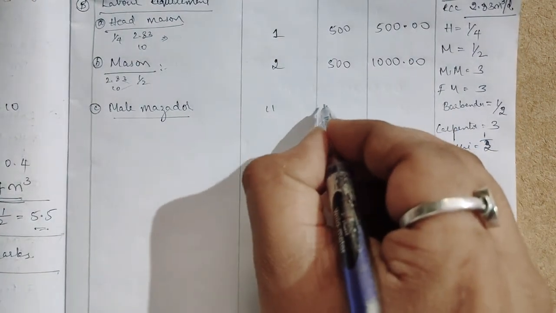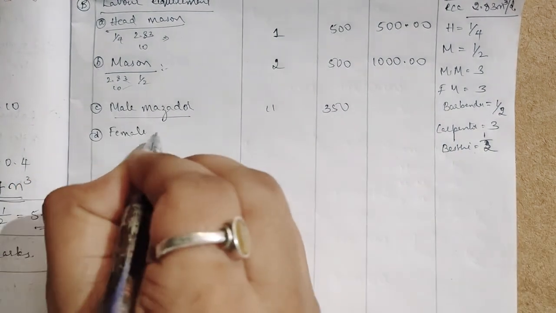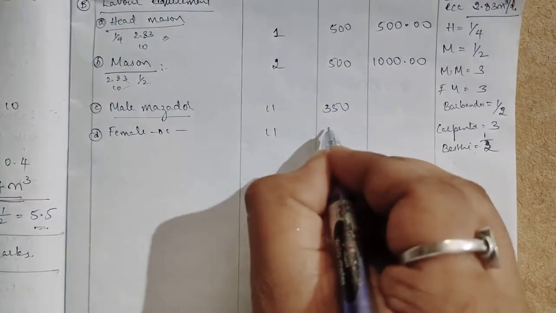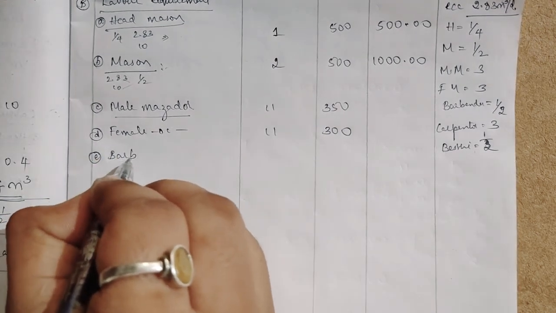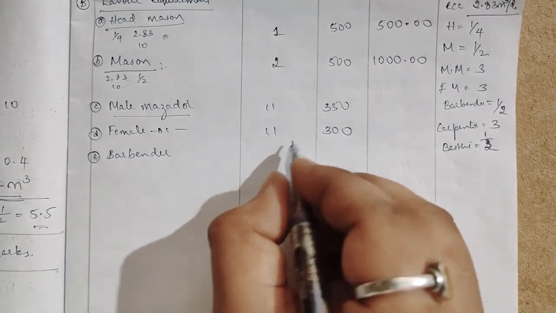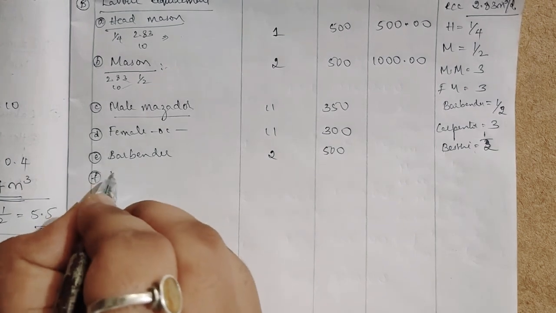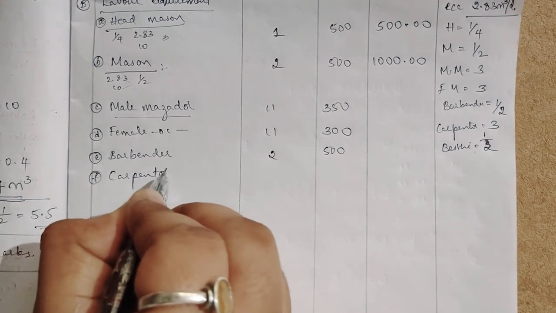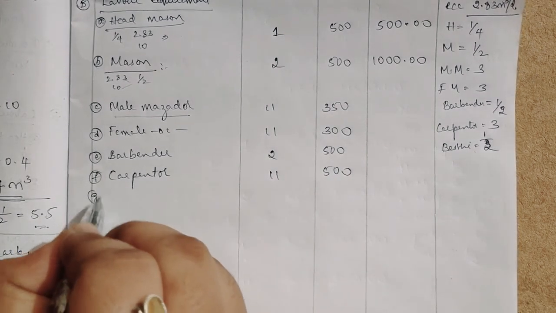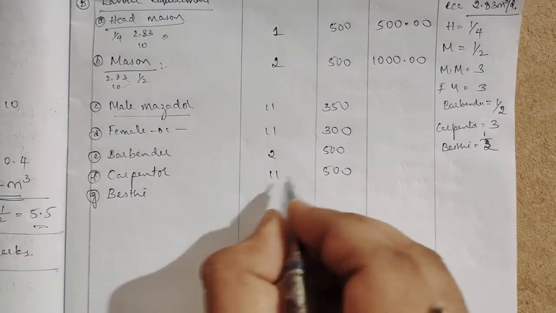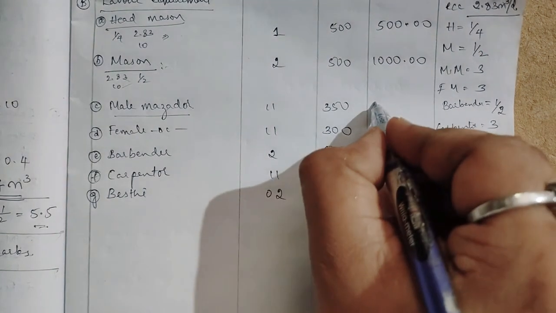So 11 male mazdoors, amount is 350, then female mazdoor 11 in number, amount is 300, then barbender also 2 in number, cost is 500, then carpenter also 11, cost is 500, and the last one is bestie, 2 in number, 150.